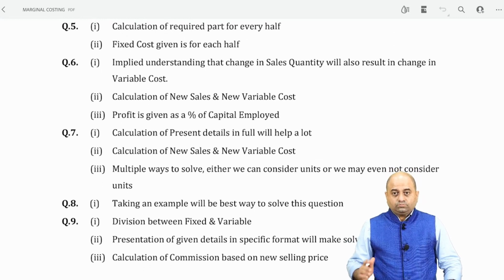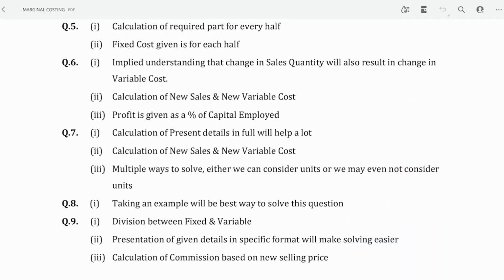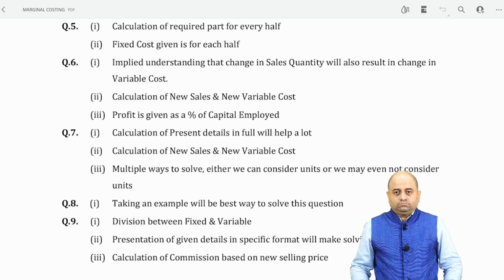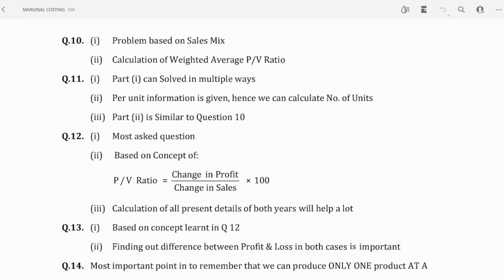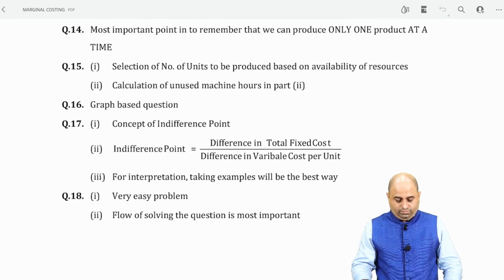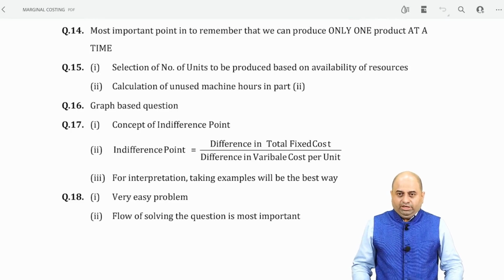Make me invisible. Make me invisible. There is no need to be invisible.